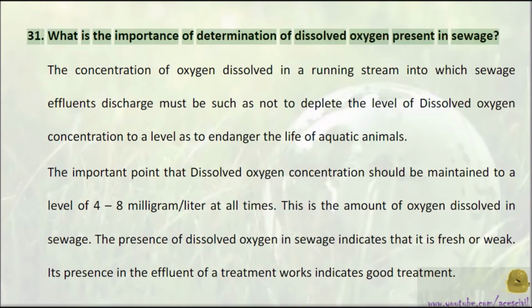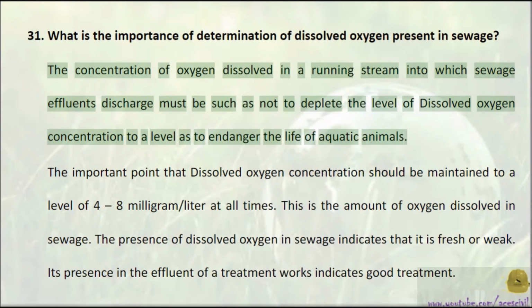What is the importance of determination of dissolved oxygen present in sewage? The concentration of oxygen dissolved in a running stream into which sewage effluents discharge must be such as not to deplete the level of dissolved oxygen to a level that would endanger the life of aquatic animals.